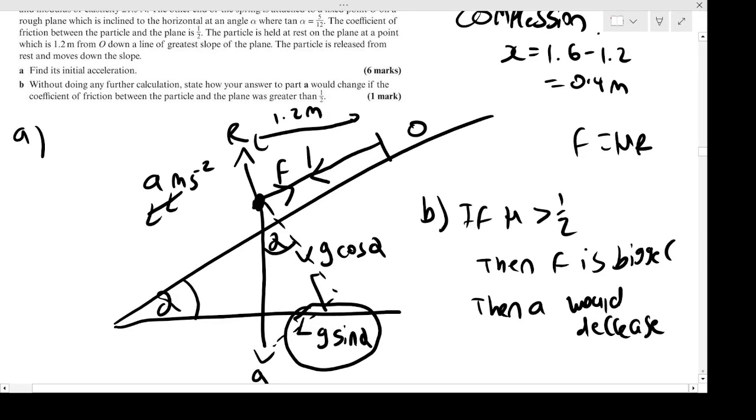And there we are. So the acceleration would decrease, so my answer would be lower. Okay, because indeed my answer is deceleration. So you can reason it like that. You can just look at the equations and reason mathematically in that way.